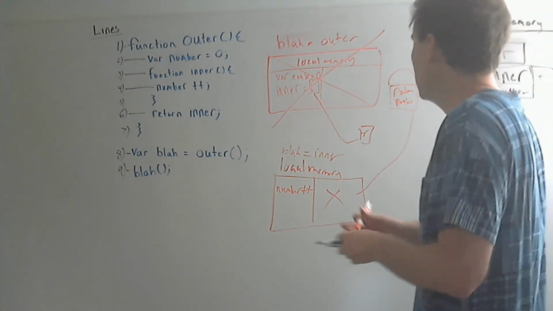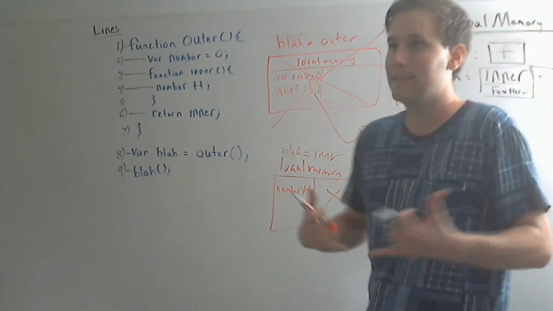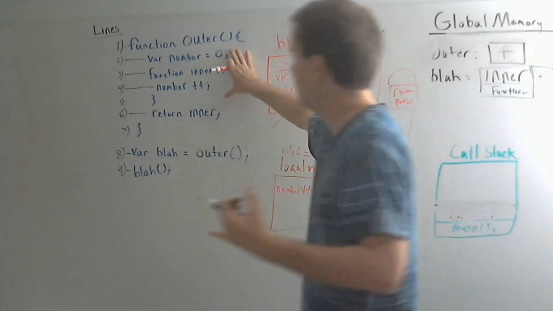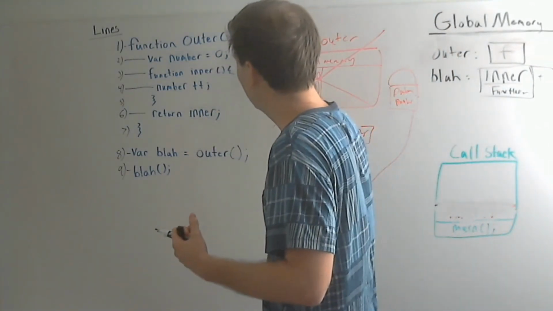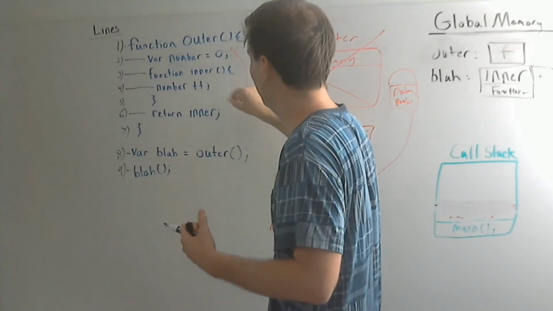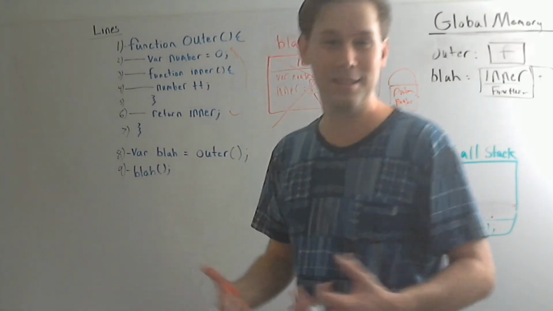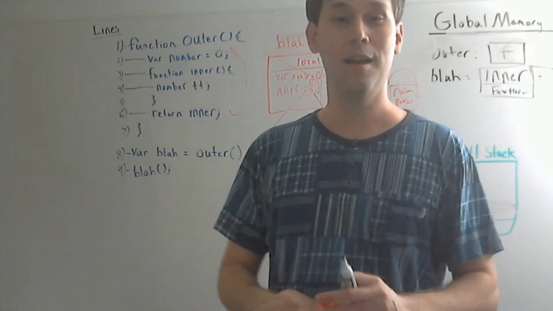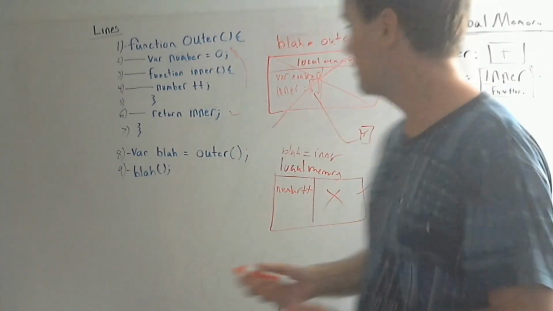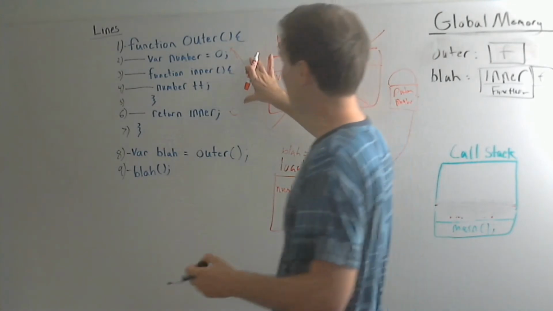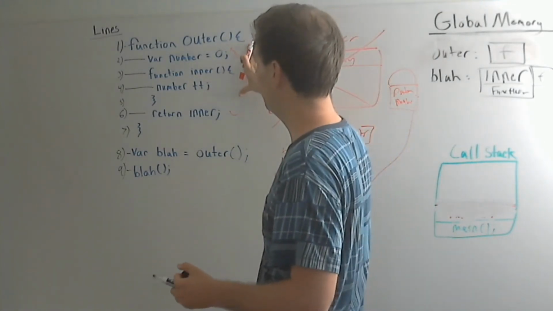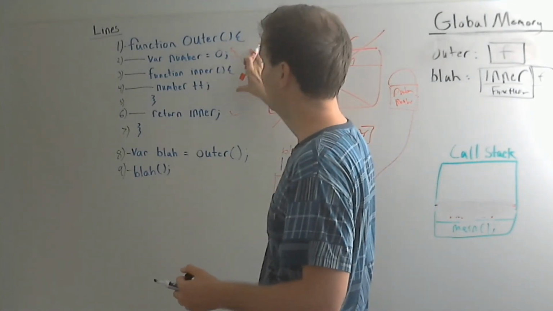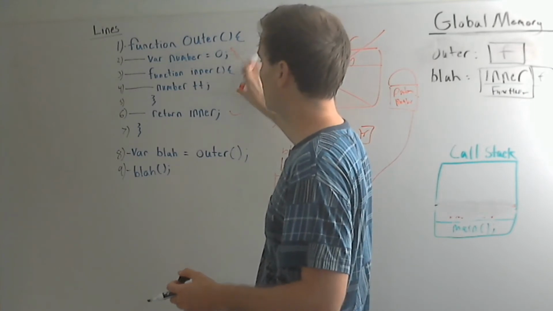The most confusing thing is thinking of it as this part right here, all the stuff around it. This inner function would be considered closure, right? Because it's in the scope of the outer environment, and it has access to that after the execution.